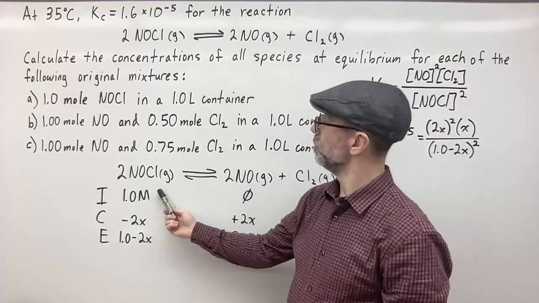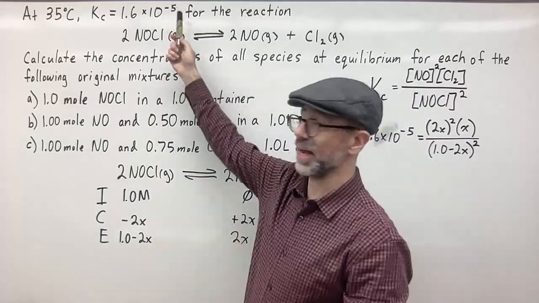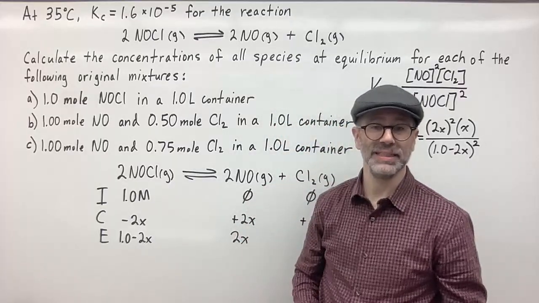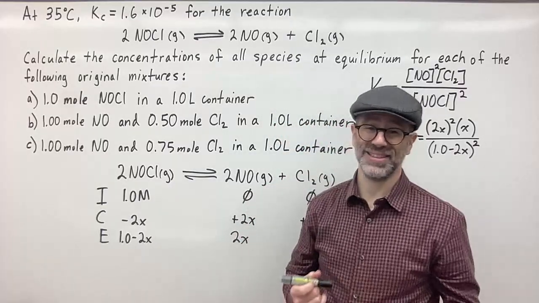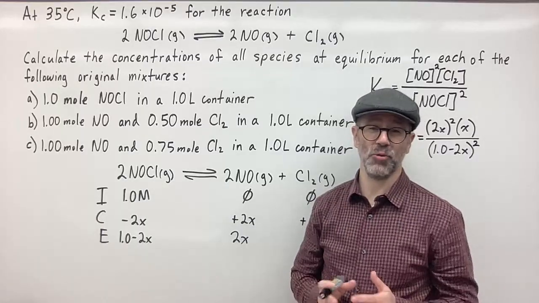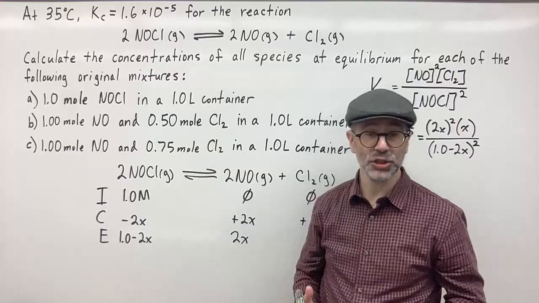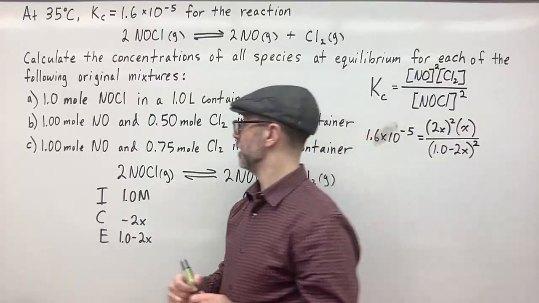If you compare that to 10 to the negative 5, that's about a 100,000-fold difference. So that means that x is going to be really small, so therefore, we can assume that the x is negligible, and we can get rid of it in the equation.